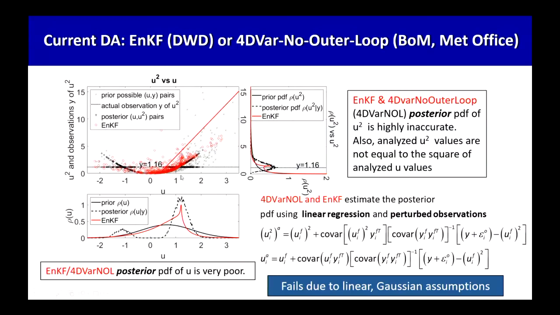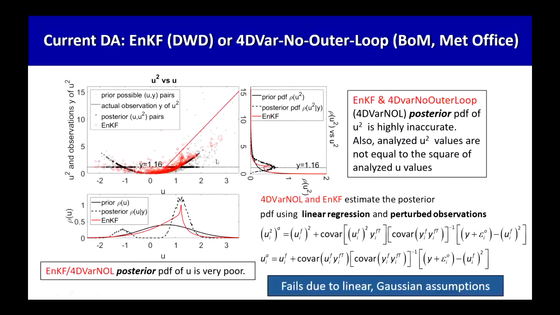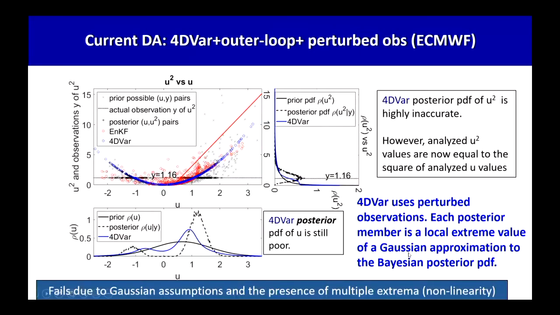So you have these physical inconsistencies that turn up because it's a nonlinear relationship, but this thing's just assuming linear relationships. So 4DVar is nice in that all the analyses turn up on the parabola where they should be. It gets a little bit of the bimodality, but you know it's wrong, and it's wrong because it's making a whole bunch of Gaussian assumptions.